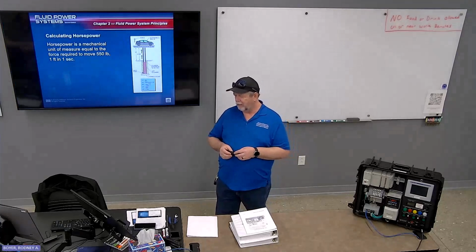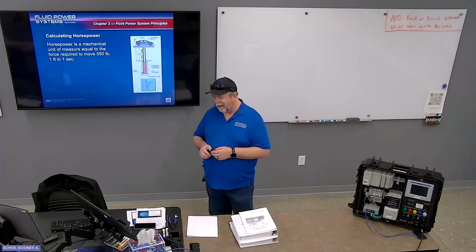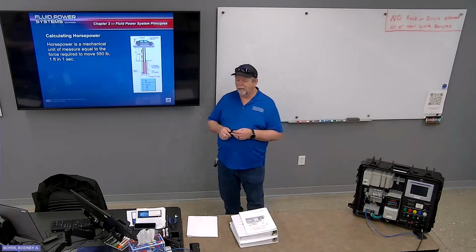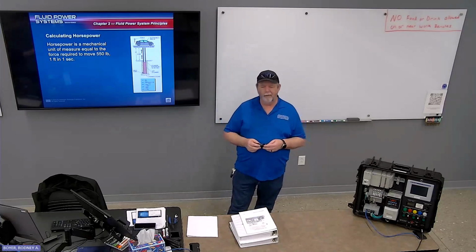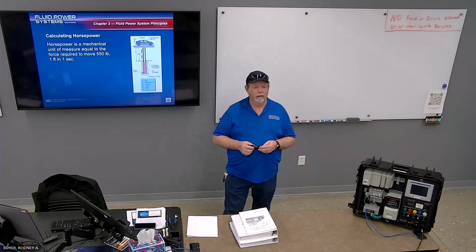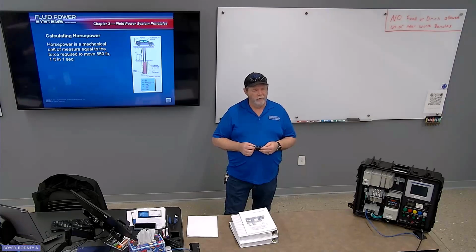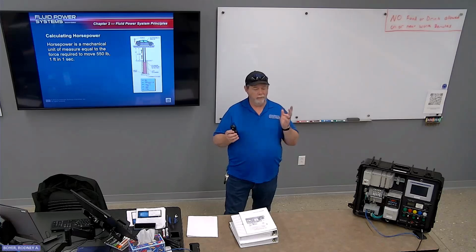Calculating horsepower. Horsepower is defined as a mechanical unit of measure equal to the force required to move 550 pounds 1 foot in 1 second. Shouldn't that depend on the horse? If you got an old nag that is about to retire, it's probably going to lift a whole lot less or take a whole lot longer to do it than a Clydesdale in his prime.